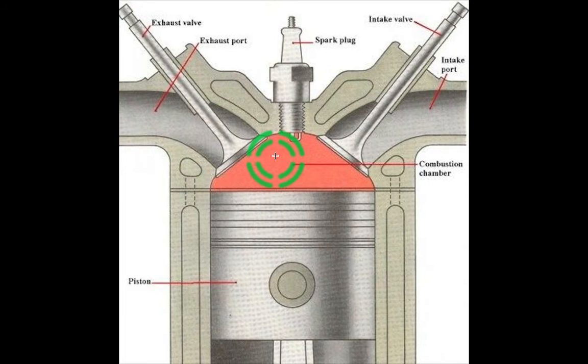I'm putting it in real ghetto terms, but that's what happens. So compression 10 to 1, 10.5 to 1, means it's going to push it 1, 2, 3, 4, 5, 6, 7, 8, 9, 10 times and make it into a thick thing. And there's a physics thing about it.